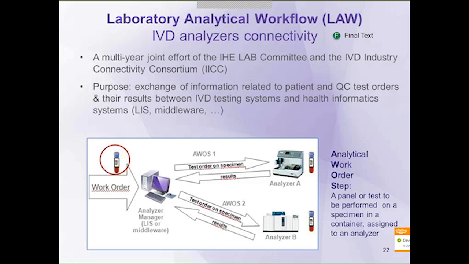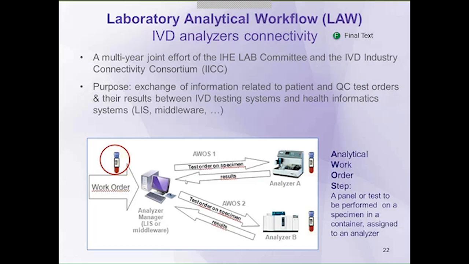The laboratory analytical workflow is dealing with sending work orders to the analyzer and then getting the results back to the LIS. So originally the lab automation covered both the preparation of the tests, of the specimen for testing, as well as the actual test orders to the analyzer and results back.